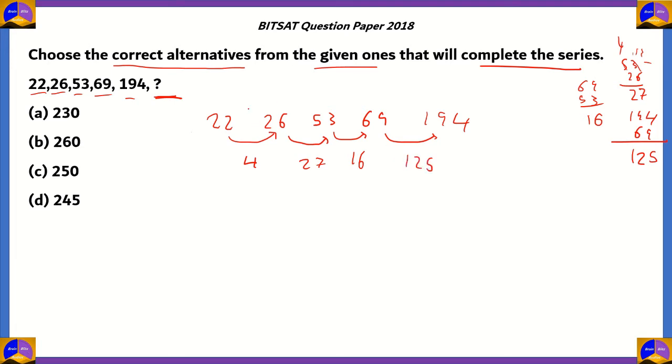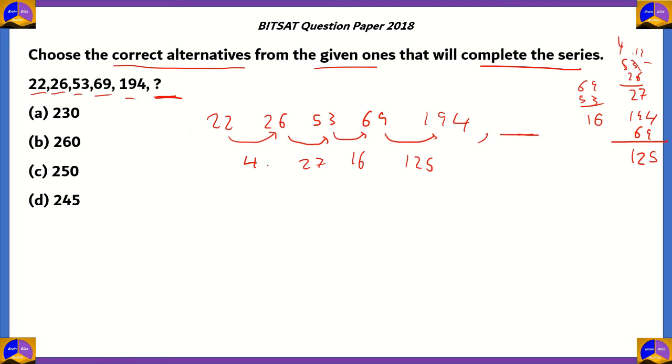So we now know the differences between the adjacent numbers here. Between first and second, that's 4. Second and third, that's 27. Third and fourth, that's 16. And fourth and fifth, that's 125. We need to find out the sixth term here. So now what do we do?